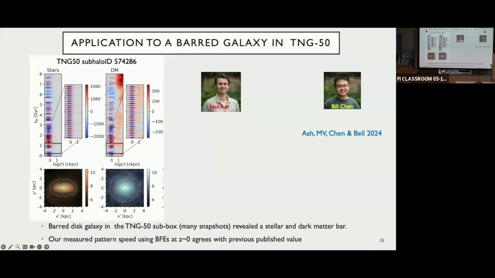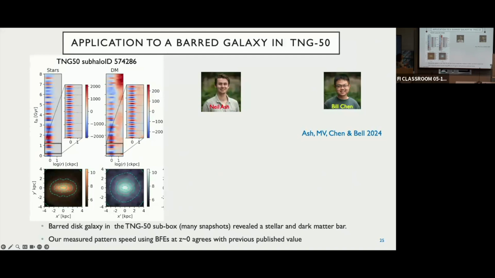This particular galaxy was part of something called the TNG sub-box, which has snapshots about 10 mega-years apart. And so this is what it looks like in that. Now, incontrovertibly, this is bouncing around. This is going back and forth, nicely oscillating.